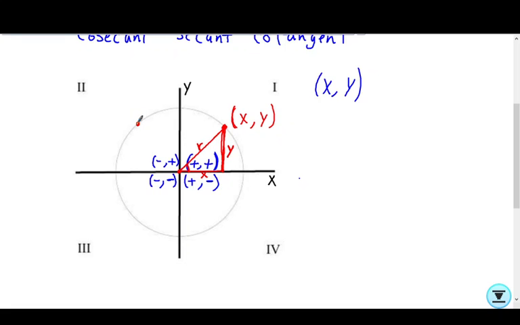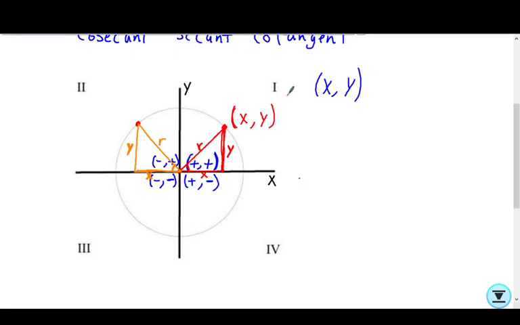Now, in the second quadrant, if I draw this triangle this way, this is y, this is x, and this is r, and this is my angle here. In this quadrant, x is negative. So cosine would be negative and sine would be positive.